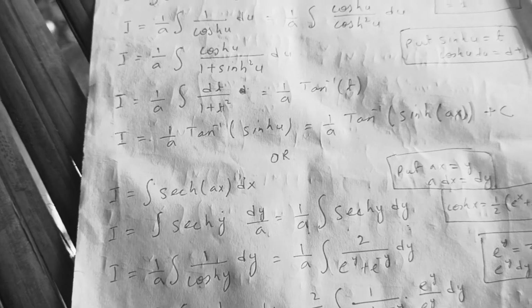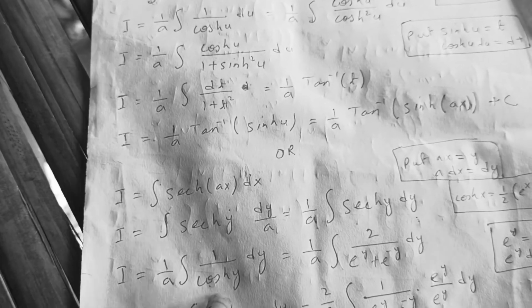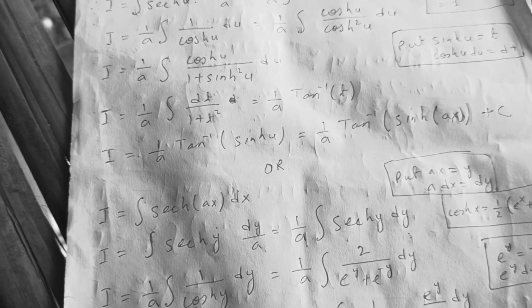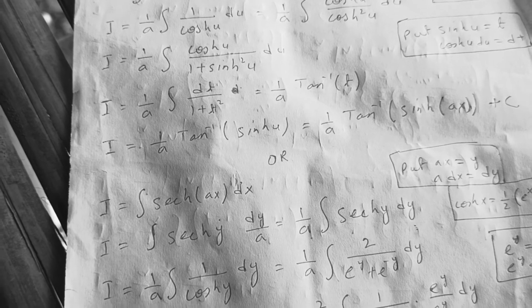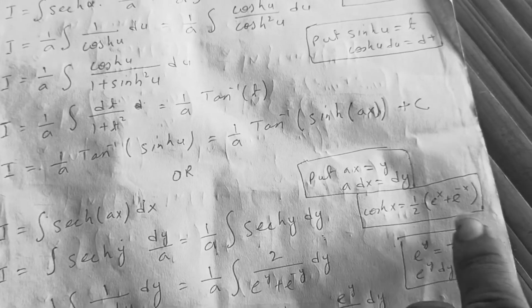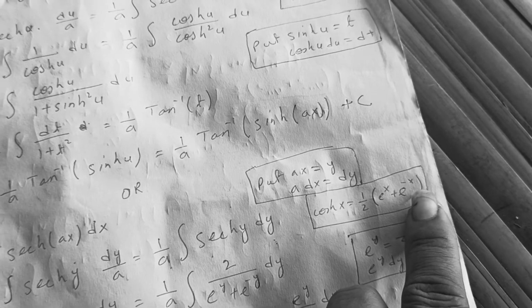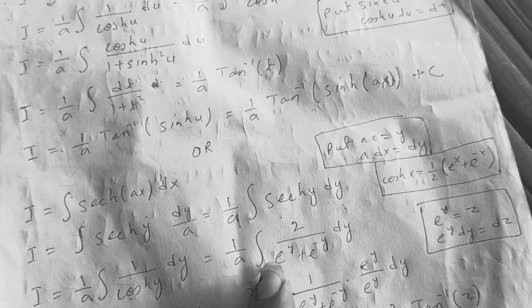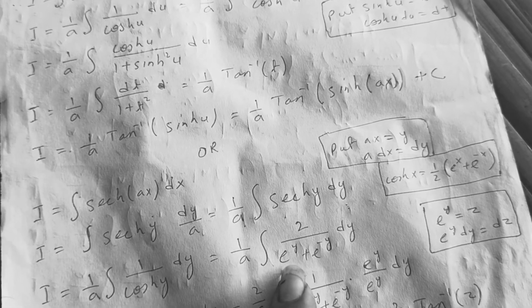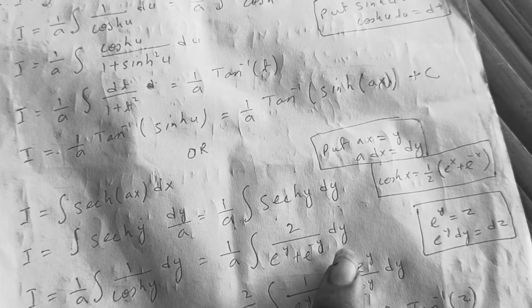And this is nothing but 1 upon cos hyperbolic of y, right? And if I use the definition of hyperbolic cosine, cos hyperbolic of x is one half of e to the x plus e to the negative x, right? Now use that: 1 upon a integral of 2 upon e to the y plus e to the negative y dy. I hope this is clear.